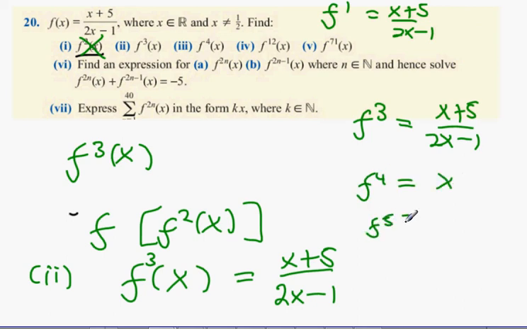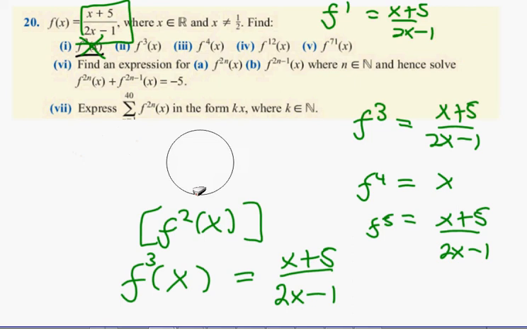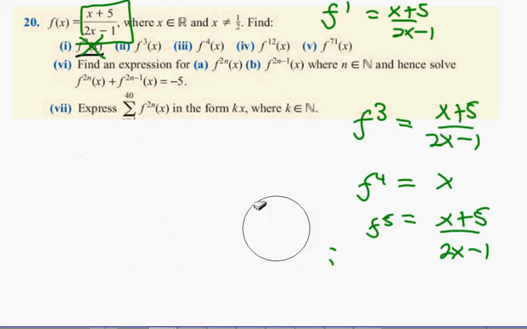Odd numbers are back to the original. Even numbers are all going to be the same as f2. So, what happens then, guys? What do you think the answer for f12 is? X. f71? Okay, so x plus 5 over 2x minus 1.